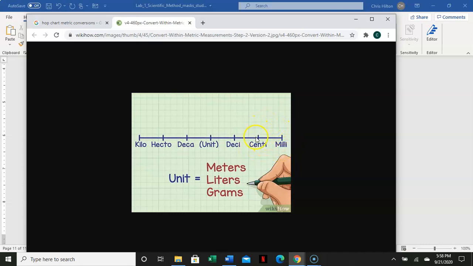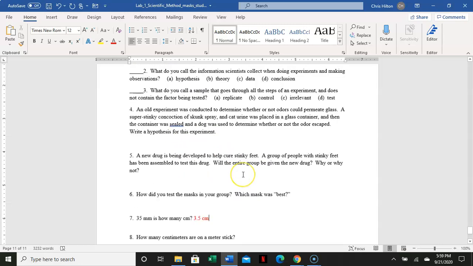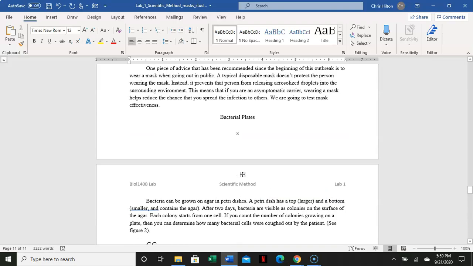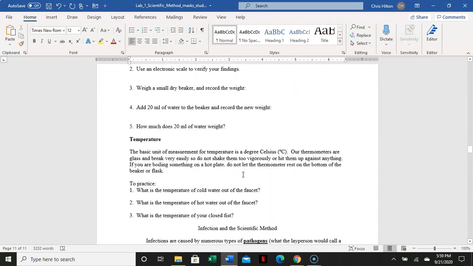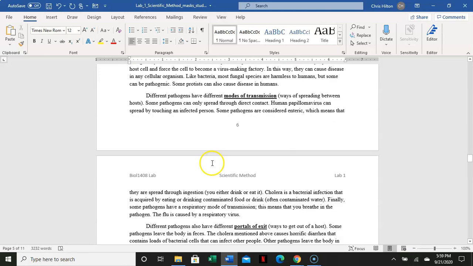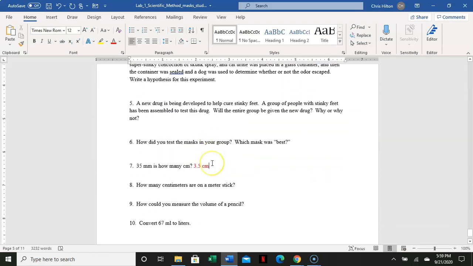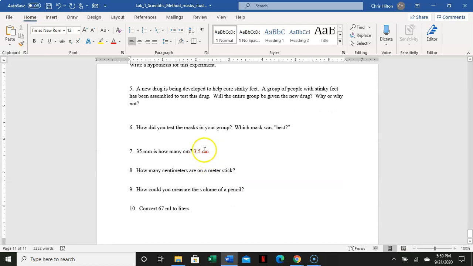We're going from milli to centi, so we're going to go one spot left. So instead of 35, it's 3.5 centimeters. And remember to do your units if we're not filling it in for you. So if you go up here, we put the units for you, so you don't have to worry about units there, but down here we did not. It's an open-ended question, so you need to put your units.